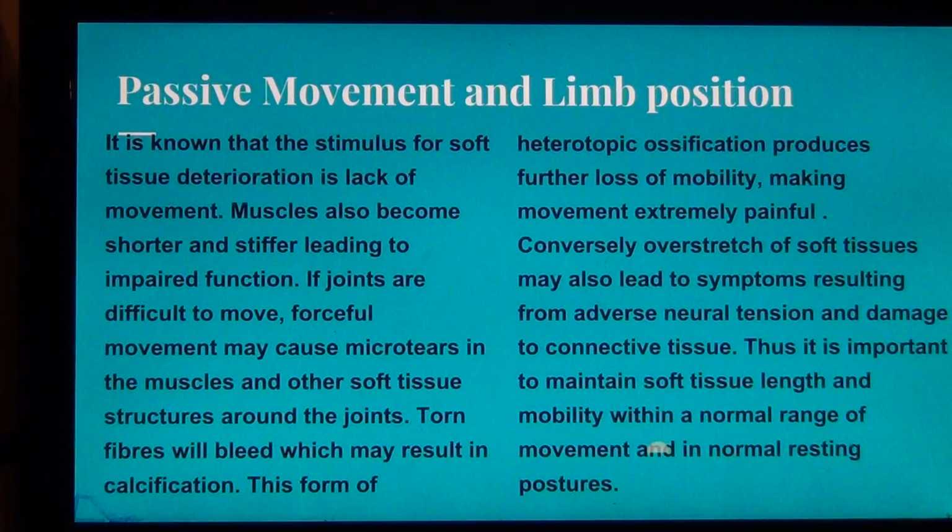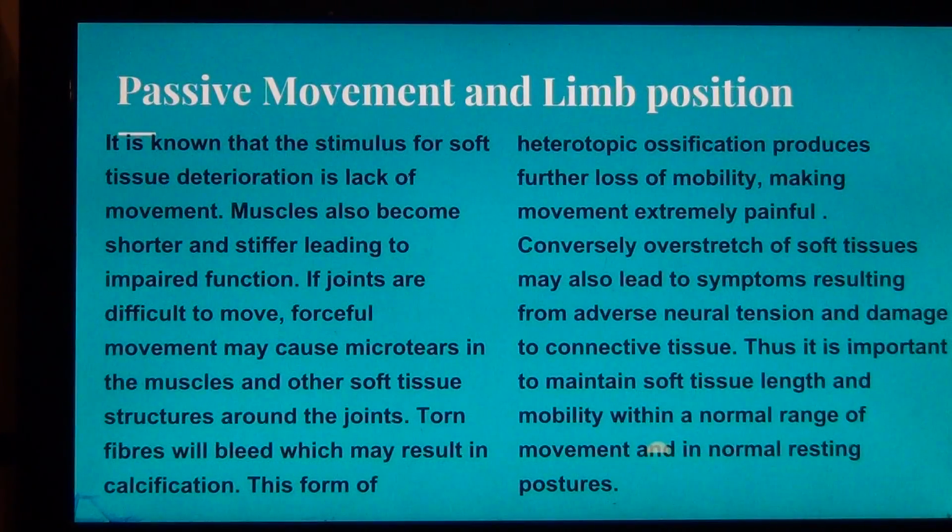Torn fibers will bleed, which may result in calcification. This forms a heterotopic ossification, which produces further loss of mobility, making movement extremely painful. So if the limb does not move, don't force it. You're going to hurt your patient.